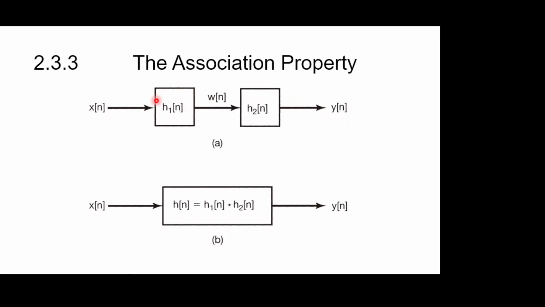Now we have a function that represents a system. We keep saying systems and signals are different, but for LTI systems they are kind of the same, because every system is defined by a function. So we can do convolution between systems by doing convolution on their unit impulse responses.